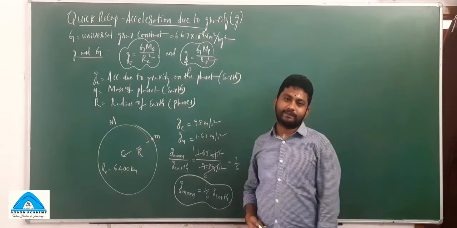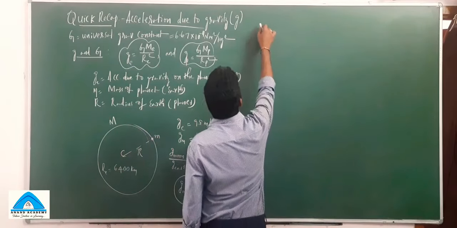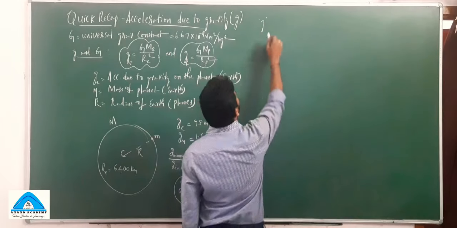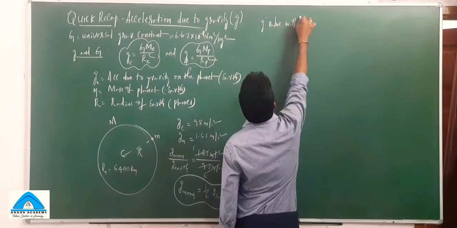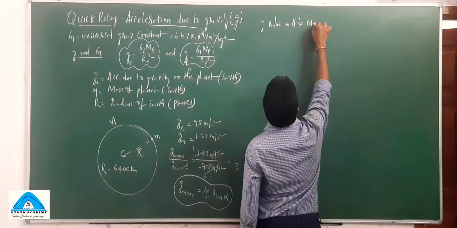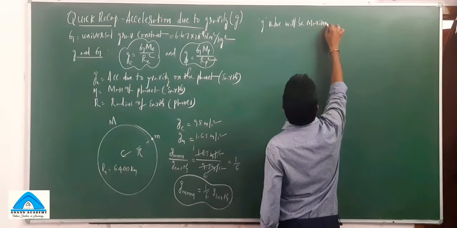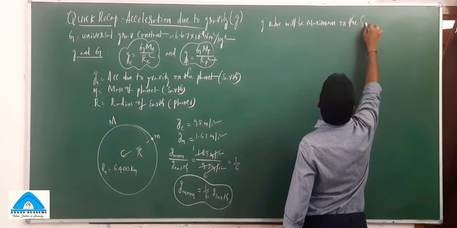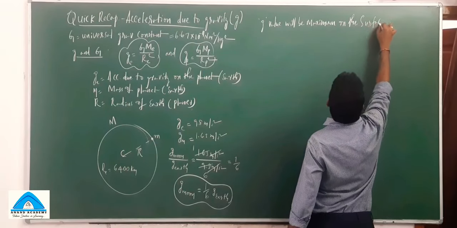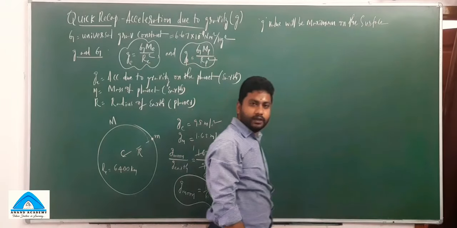So the same things I'm just going to write here. The G value on any planet will always be a maximum on the surface. Maximum on the surface, alright?